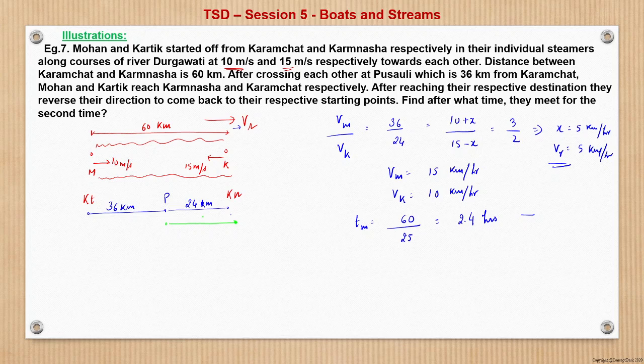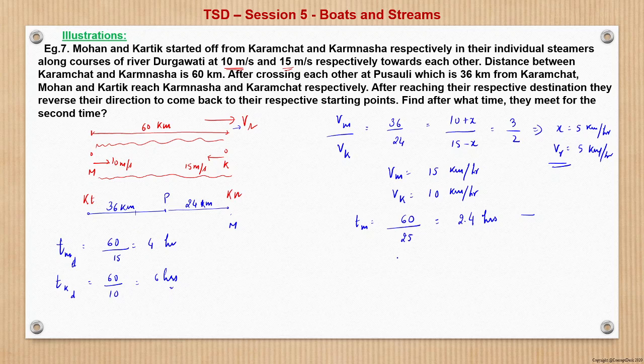Or overall, we can say that time taken by Mohan to cover the whole distance D will be 60 upon speed 15 kilometer per hour, which is 4 hour. And time taken by Karthik to cover a distance D will be 60 upon 10, which is 6 hours. So basically, at the end of fourth hour, Mohan will be at this point, and at that time Karthik would be somewhere here.